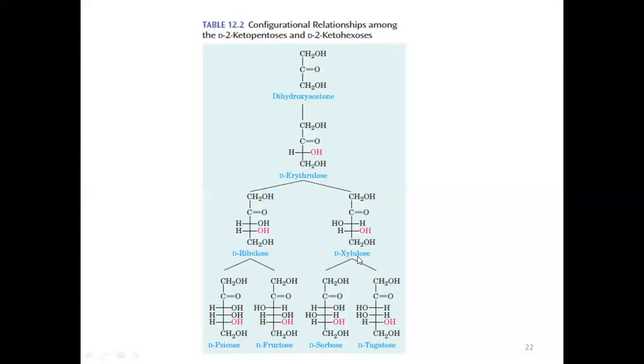You have the ribulose and xylulose, so you can add OH again, right or left. And from here, you can add the OH right or left. Here, just copy OH, OH, copy. And then this is the one when we add, can be the OH to the right, can be the left.